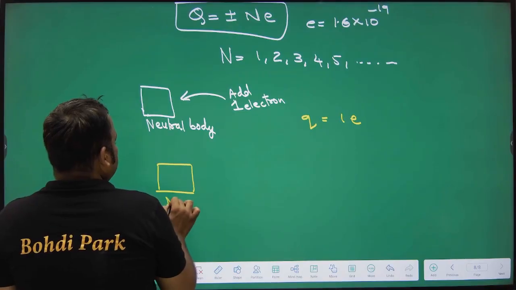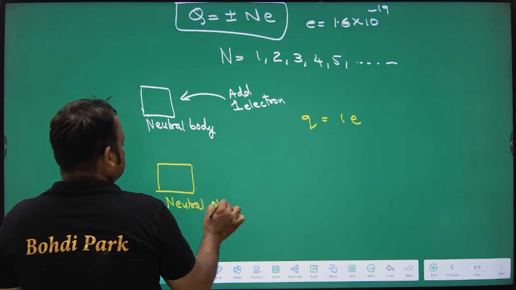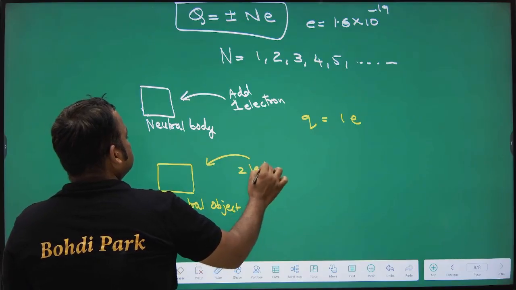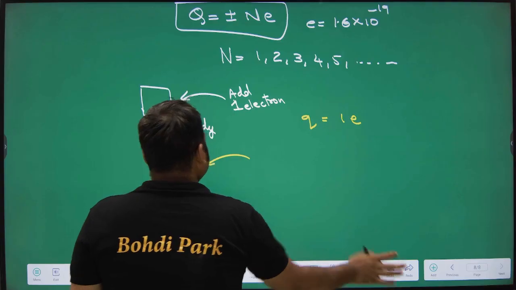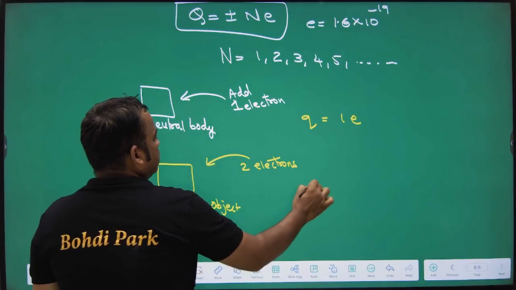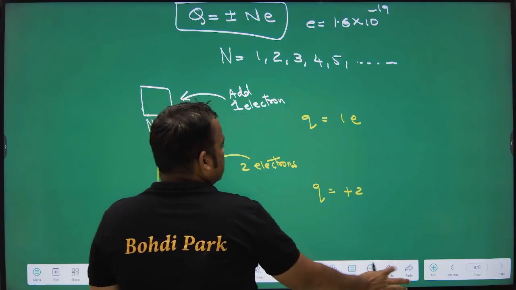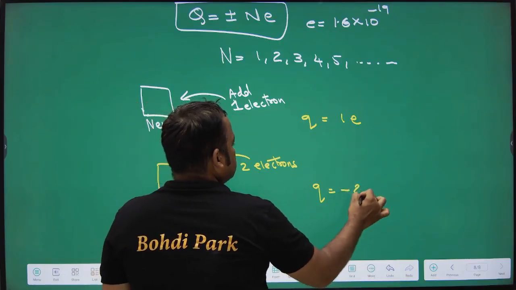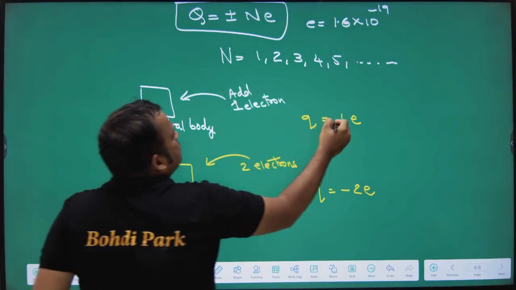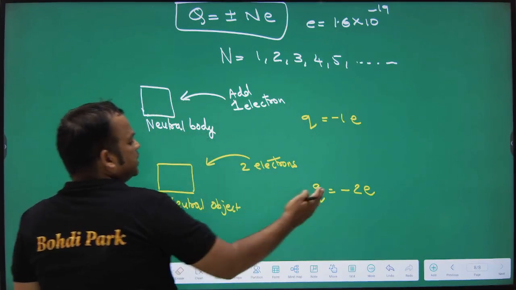To the same neutral object, if you add 2 electrons, then it will get a charge of minus 2e.